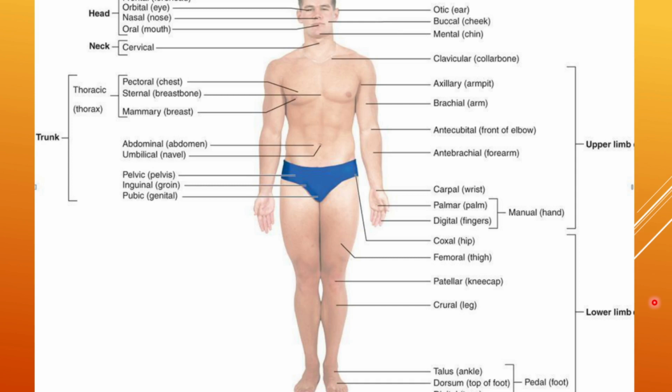So on this image we see the regions of the anterior side of the body. We're looking at the front of our chap here, of our model, and over time all of these terms will become completely second nature to you.